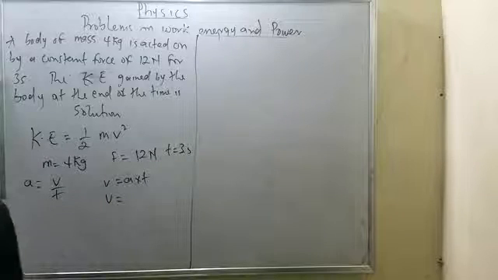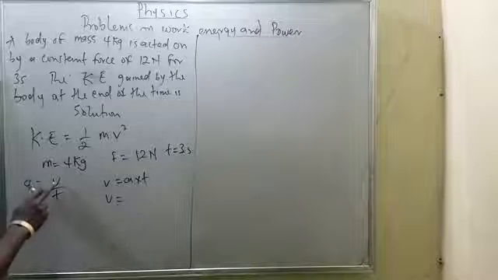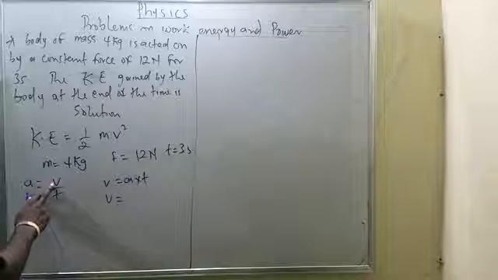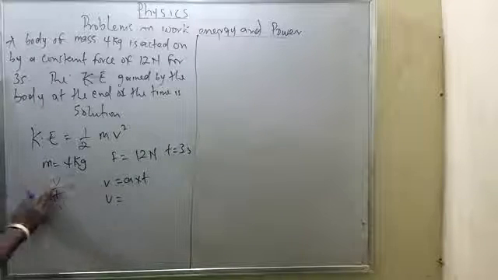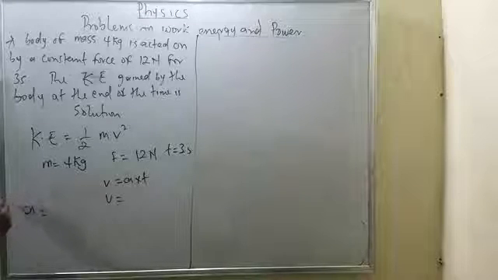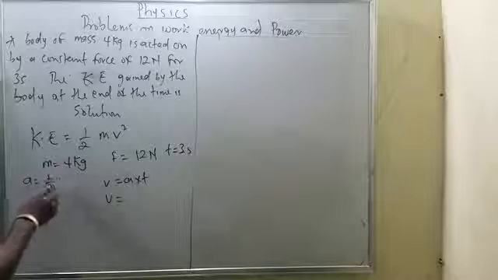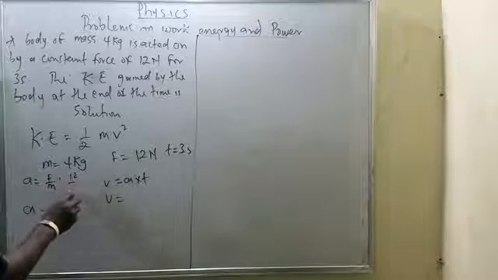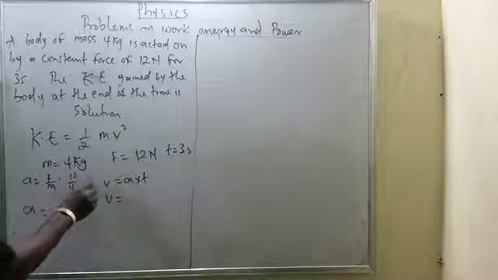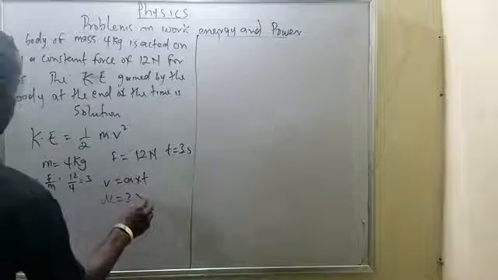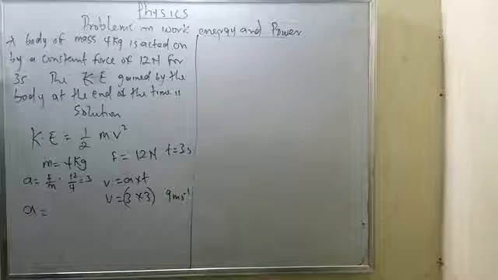Now, it means I can say that my acceleration a equals to f over m, which is 12 over 4, which is 3. It means I can say 3 multiplied by 3, which is 9 meters per second, which is my velocity.